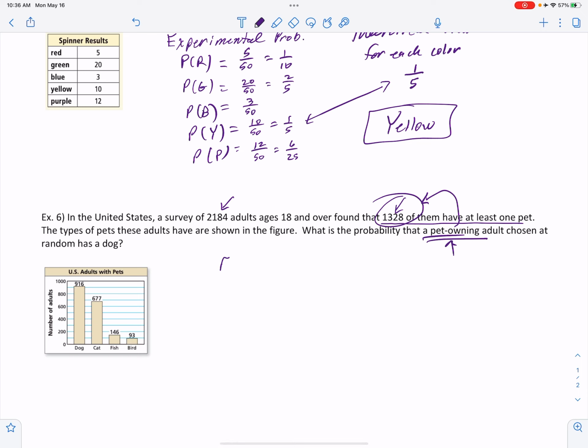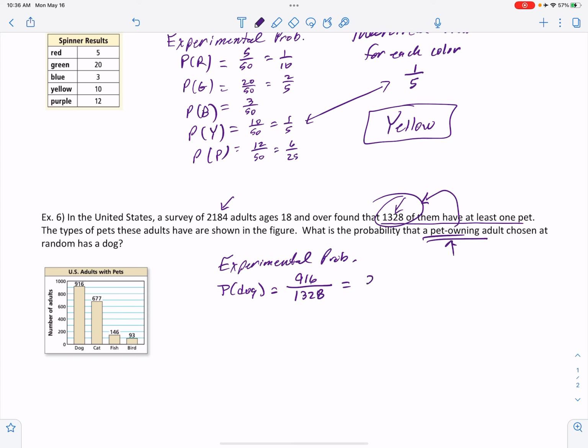And this is experimental probability. And so the probability that it is a dog, given that it's pet owning, is in that table there are 916 adults that have dogs, out of 1328 that had at least one pet.